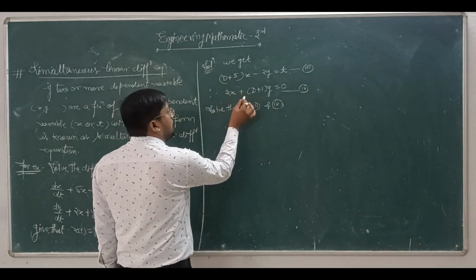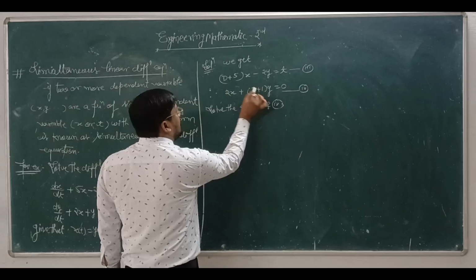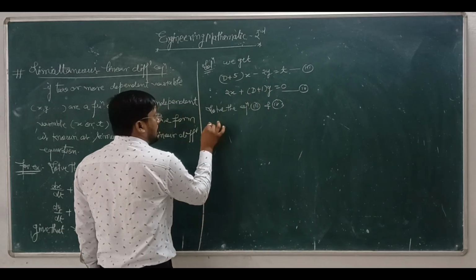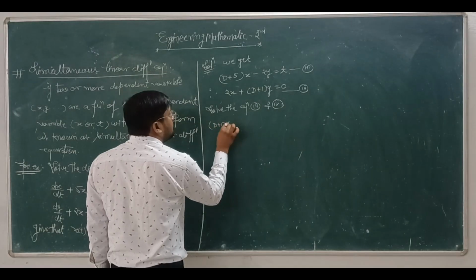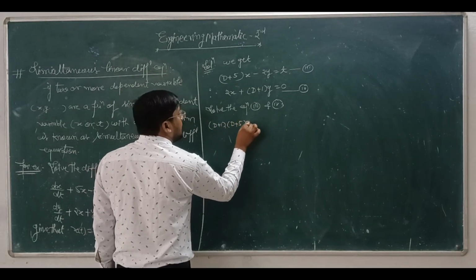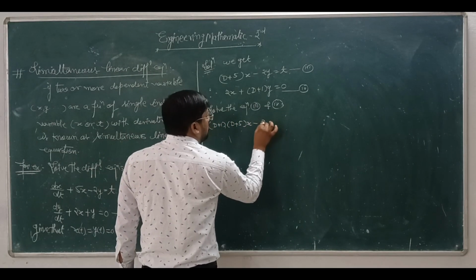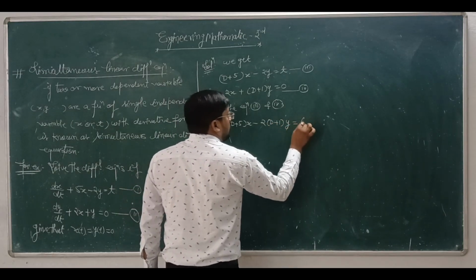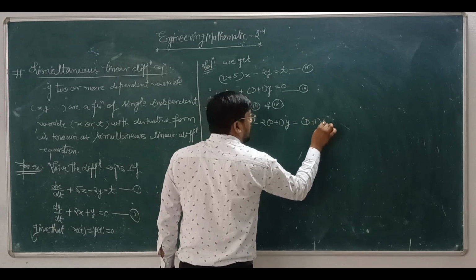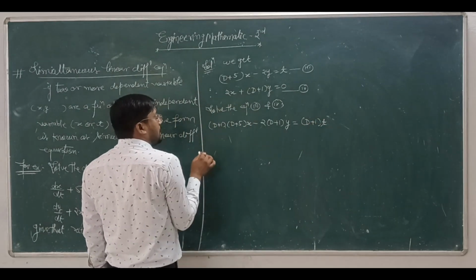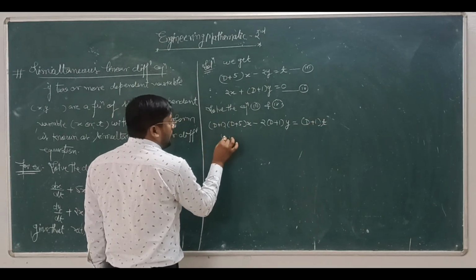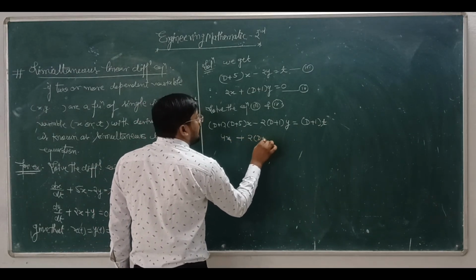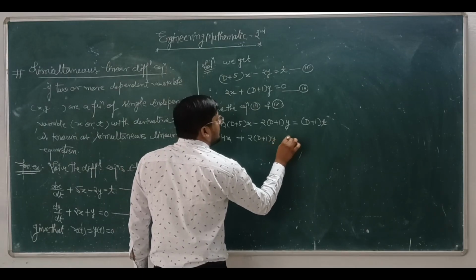Multiply (D plus 1) in the first equation and multiply 2 in the fourth equation. You can write (D plus 1)(D plus 5)x minus 2(D plus 1)y is equal to (D plus 1)t. Now multiplying by 2, you can write 4x plus 2(D plus 1)y is equal to 0.